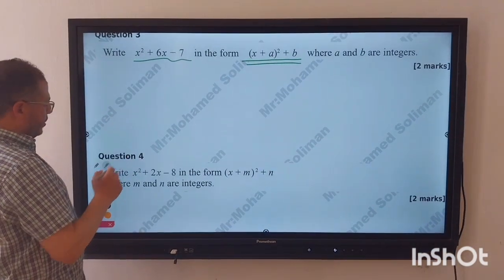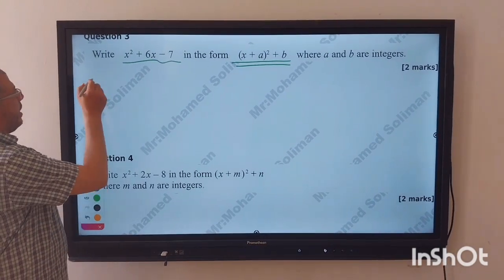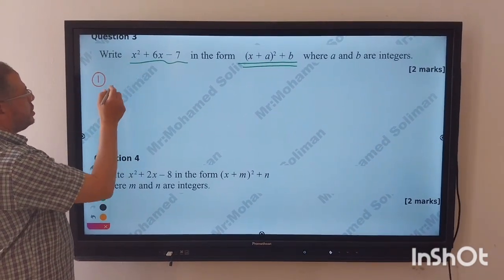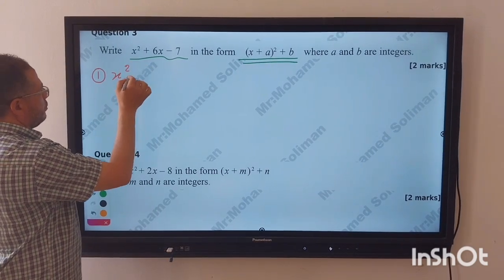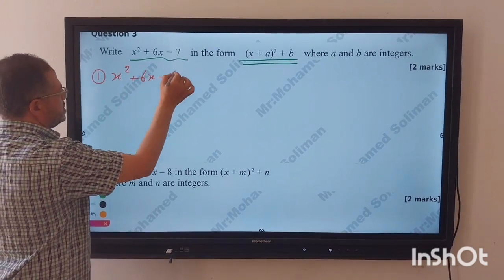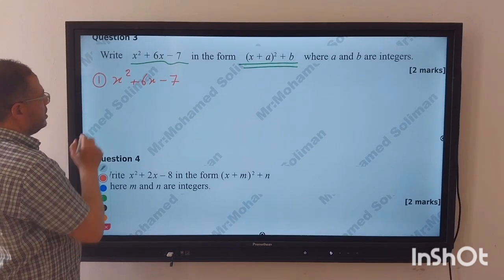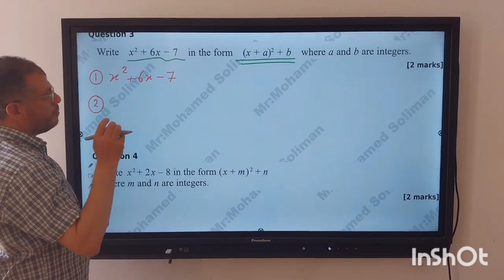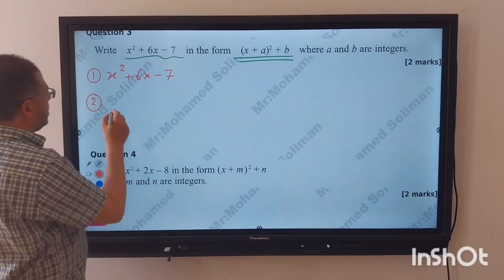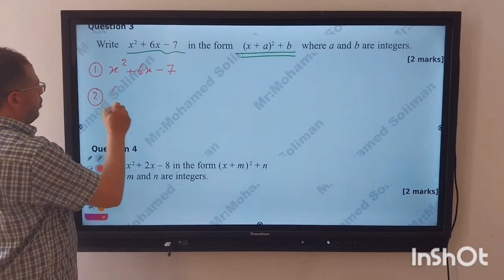So I have to follow the 3 steps that we mentioned before. First step, I have to make sure about what? I have to make sure that our quadratic expression is written in the form that I want to work with: x squared plus 6x minus 7. Next step, I have to plug in the values in the correct formula that we had before.